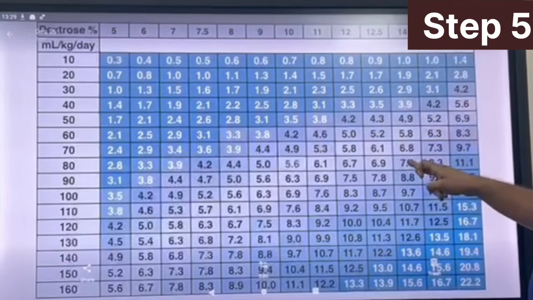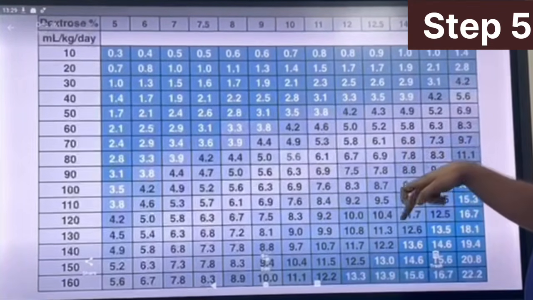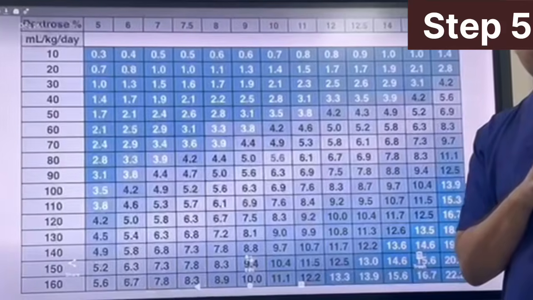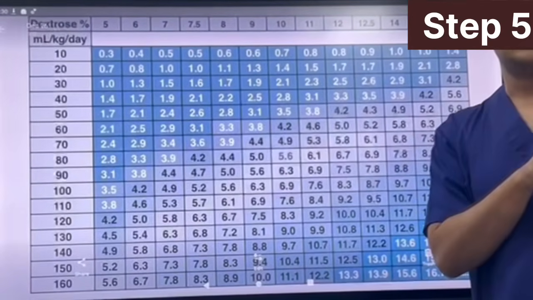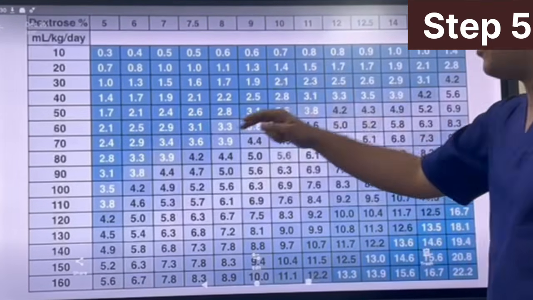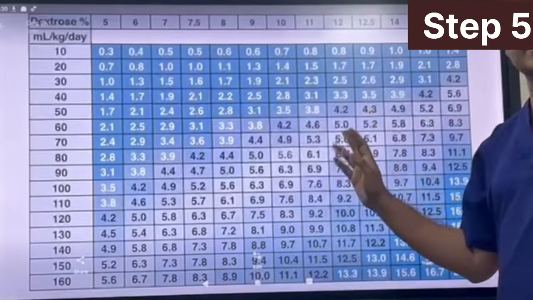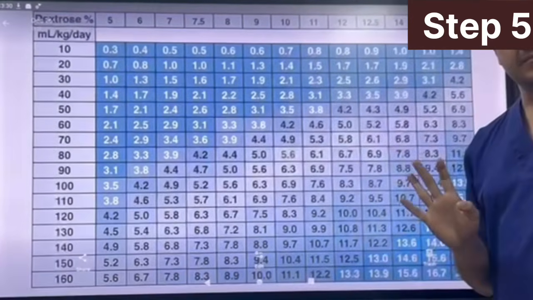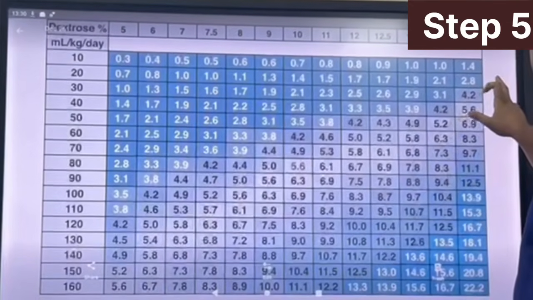So same अगर आप 15 से दोगे तो 8.3 और अगर आप 14 से दे रहे हो तो 7.8. So roughly आप उसके बीच में deliver कर रहे हो. ठीक है. So this table you can use roughly to cross check. एक बार आपने GIR calculate कर लिया, फिर आपका जितना percentage of fluid आ रहा है और जितना ml per kg per day है उसको correlate कर सकते हैं कि कितना GIR actually बच्चे को जा रहा है. So if that is the value you want to give तो you are correct. ठीक है. So this is one of the ways.